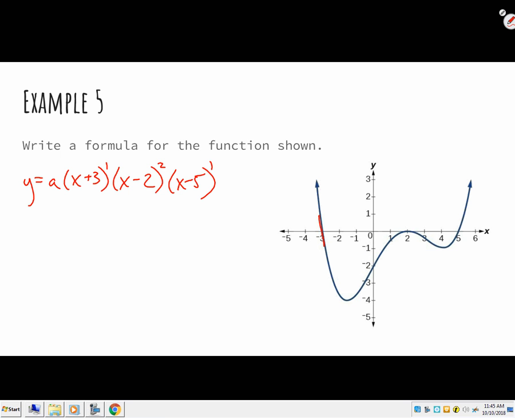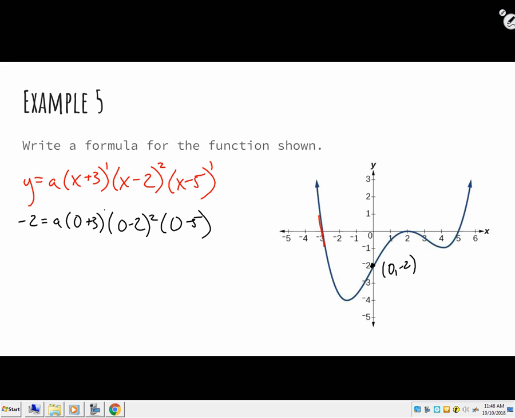I have to find my stretch factor though. So usually there's going to be one other point they gave me that's super nice. Ooh, look at this (0, -2) right here. A lot of times it's on the x-axis, this other point that they give you. So what you're going to do is plug in 0 for all these x's, and you're going to plug in a -2 for this y.